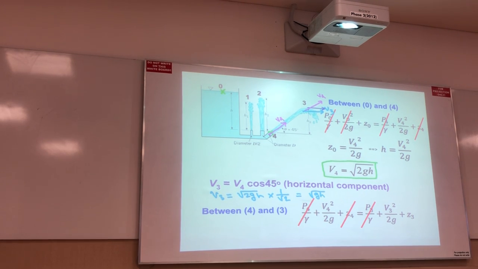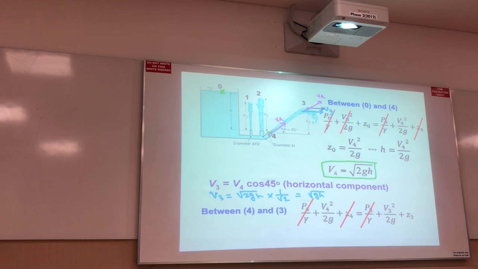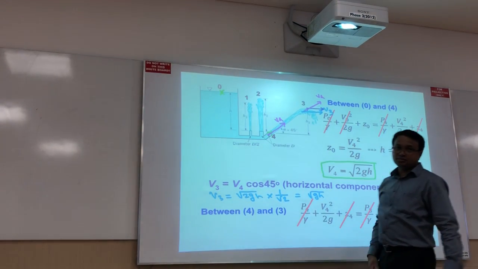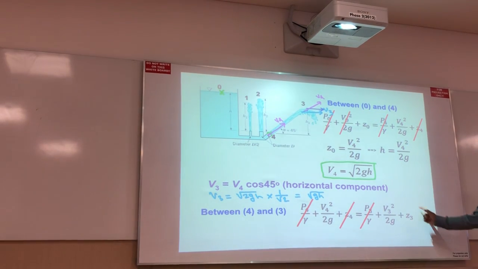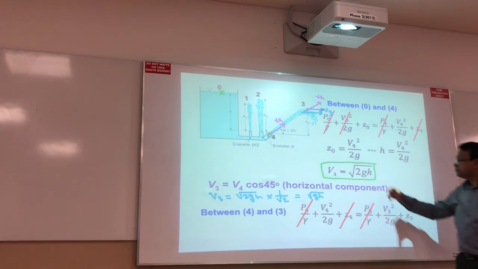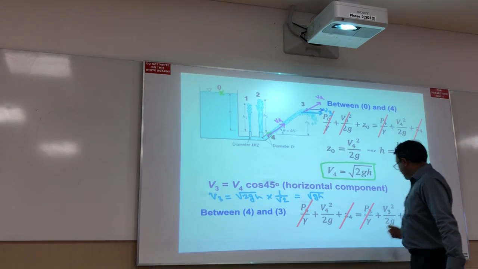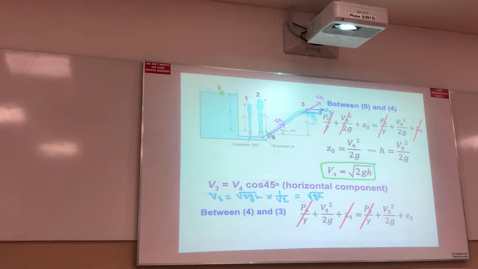No problem. That means P4 and P3 are same, atmospheric pressure, they can cancel each other. V4 is not 0, V3 is not 0, Z4 is 0, right? Because it is in the reference line. That's why it is 0. Then I can find H3 is equivalent to the distance from reference line to this point. Then I can get Z3.